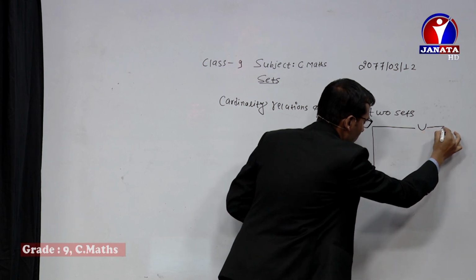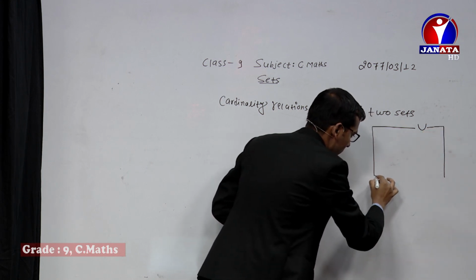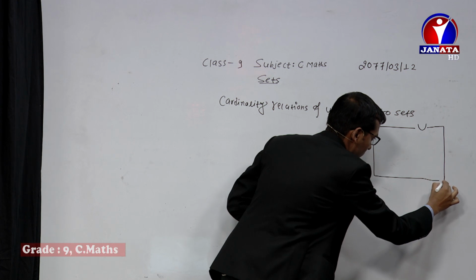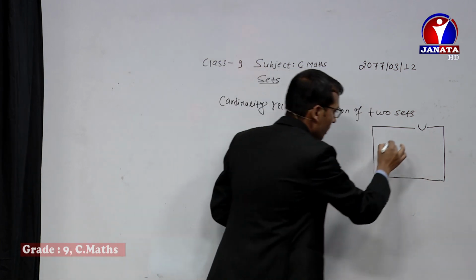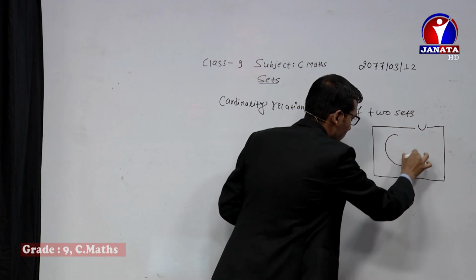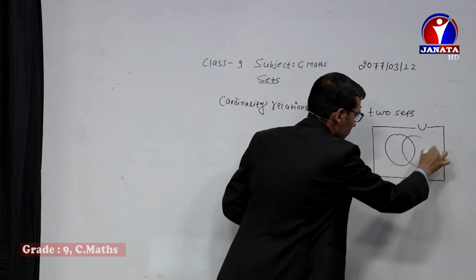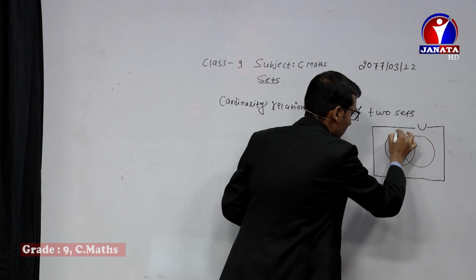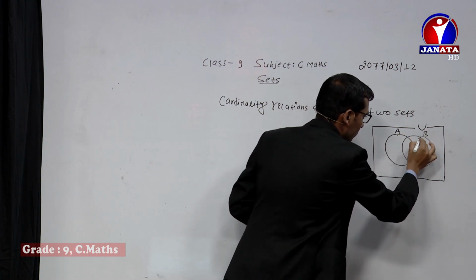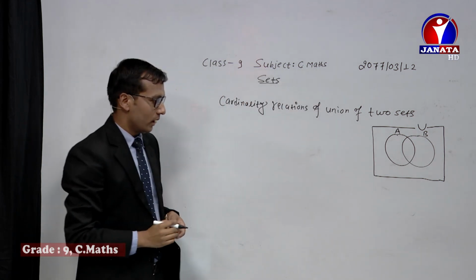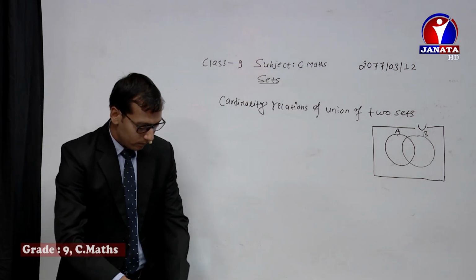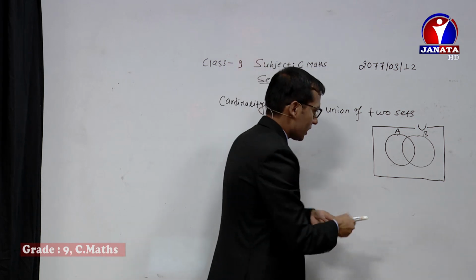Here U is the universal set, and I am taking two subsets of the universal set, A and B. Let's look at the diagram.